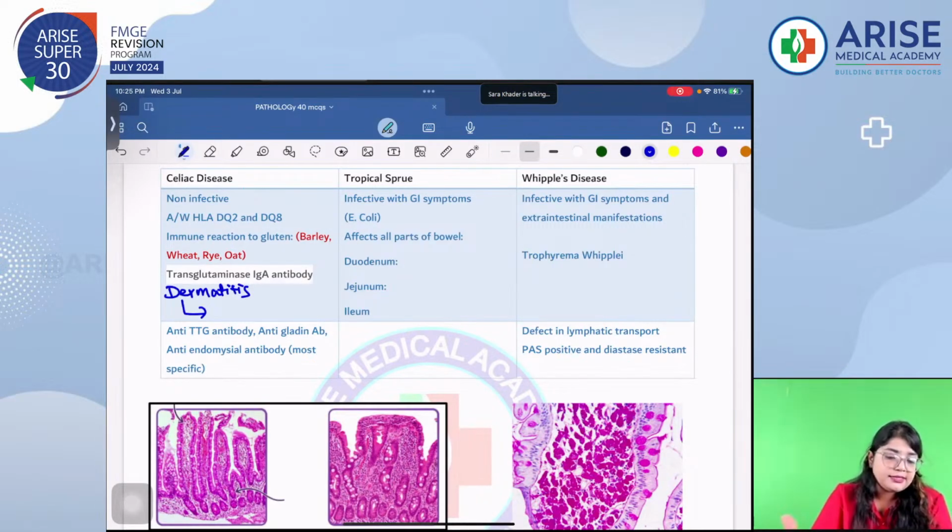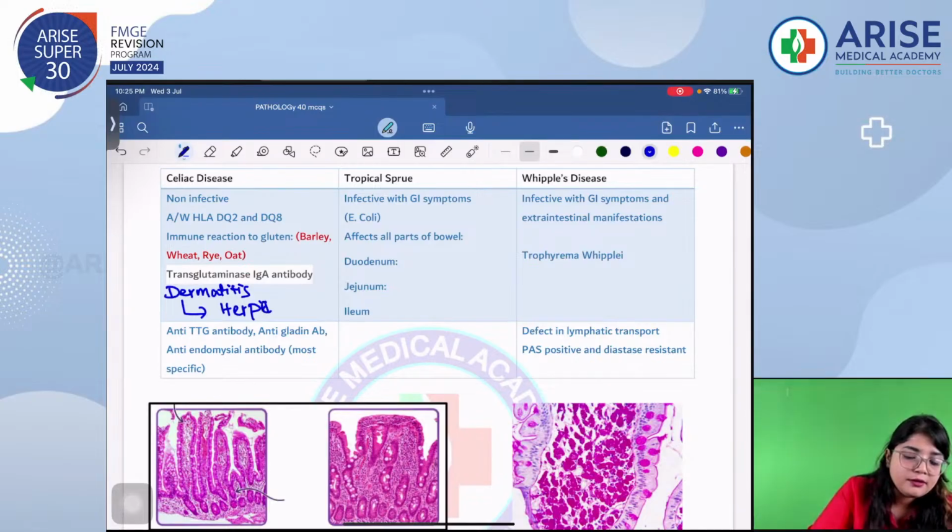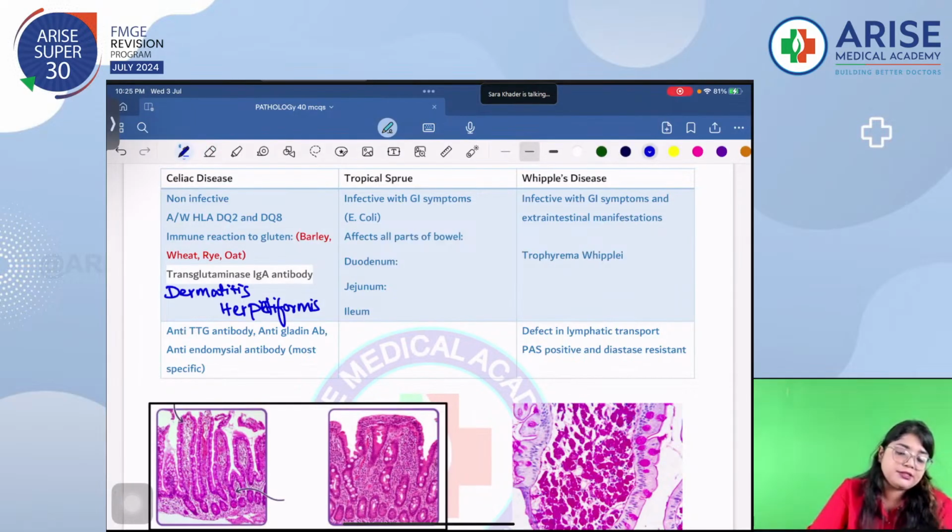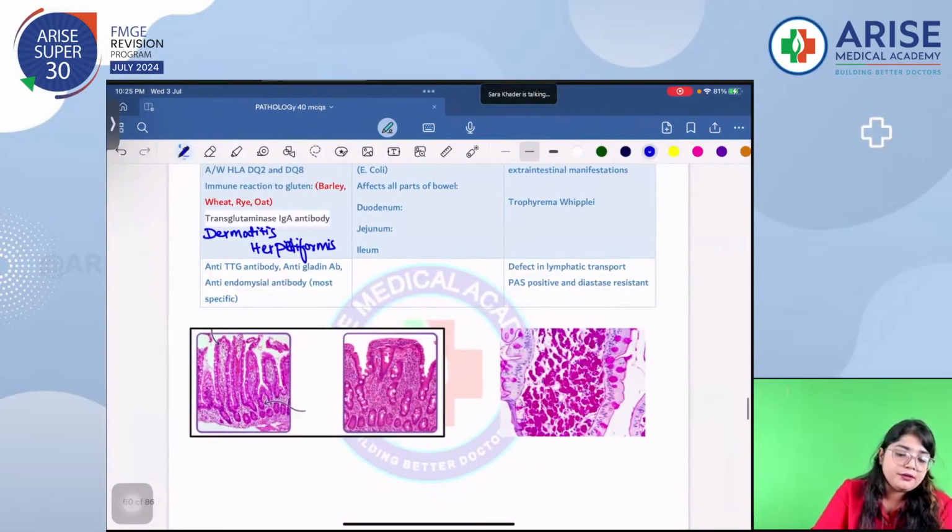No, something else. Somebody tell me. Dermatitis herpetiformis. Very good. Herpetiformis is the extraintestinal manifestation. You have IgA deposits. Very important.